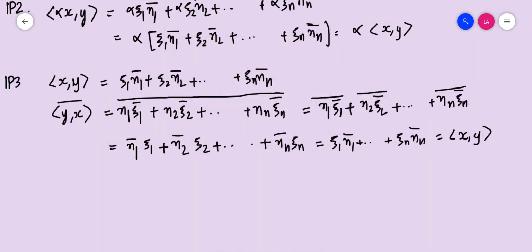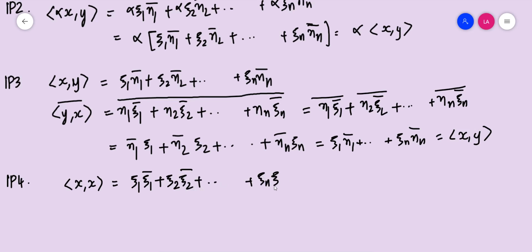Now moving on to the fourth property, IP4. Inner product xx is equal to, by definition, theta 1 times theta 1 conjugate plus theta 2 times theta 2 conjugate plus etc. theta n times theta n conjugate. Now a times a conjugate is equal to modulus of a the whole square.